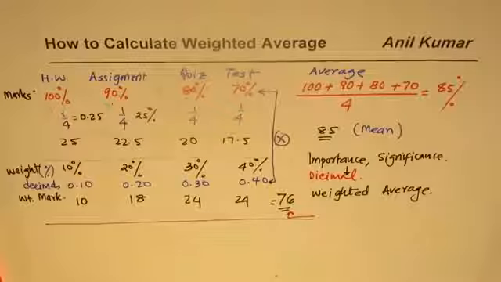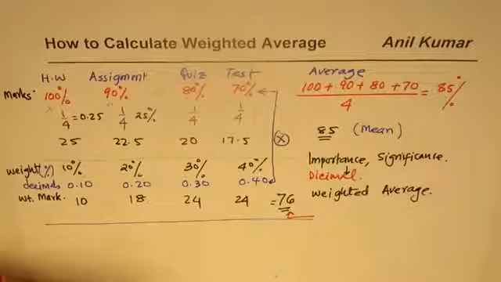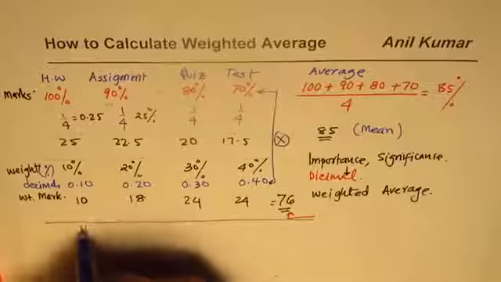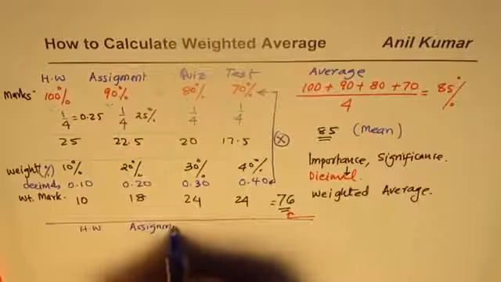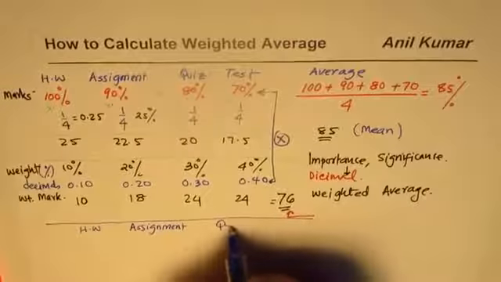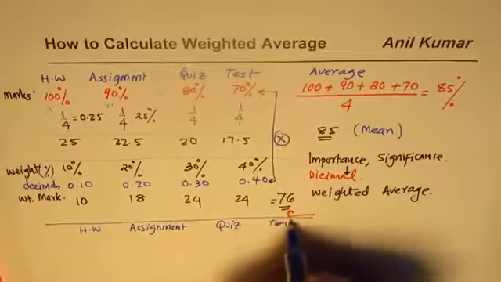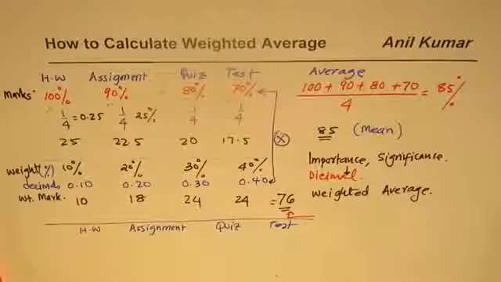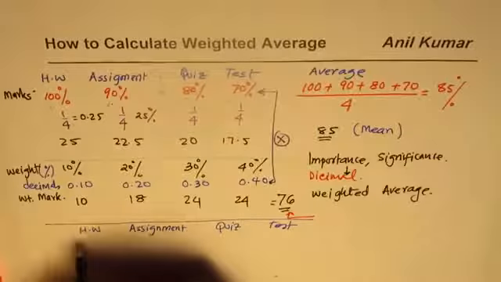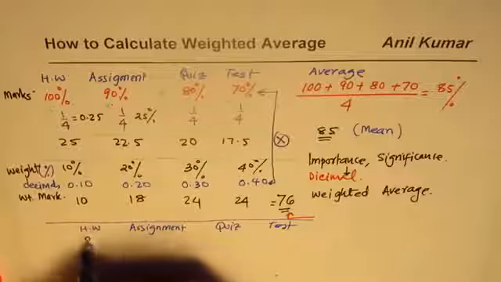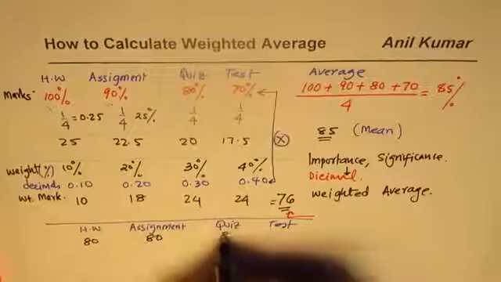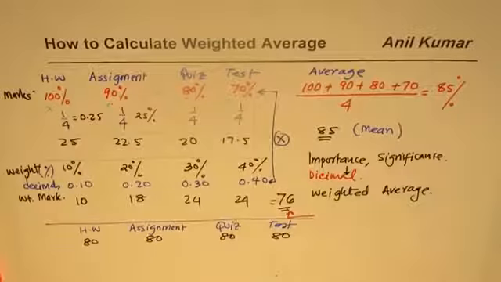Let us say this time a question for you, that we have homework, assignment, quiz, and a test. The marks obtained are, let's say, the same. Let's say in homework it is 80, assignment is 80, quiz 80, test 80.